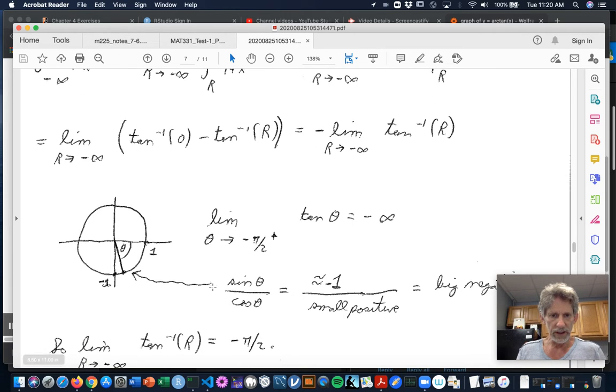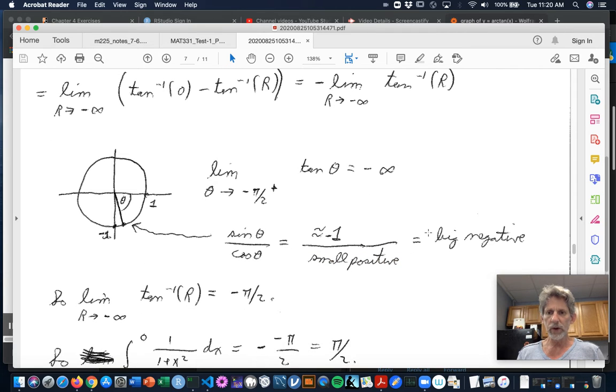And as you can see, when I think about sine of theta over cosine of theta, sine of theta is the y-coordinate. It's approximately minus 1 this time. The cosine of theta, the x-coordinate, is still a small positive number. Minus 1 over a small positive makes a big negative.